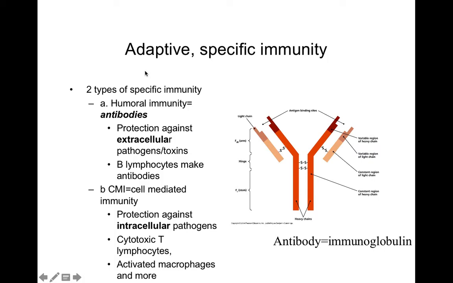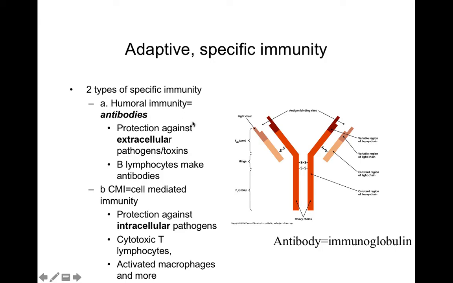In adaptive specific immunity, there are two branches, two arms. The first is humoral immunity. Humoral literally means fluid, because in the body fluids we find antibodies, also known as immunoglobulins.